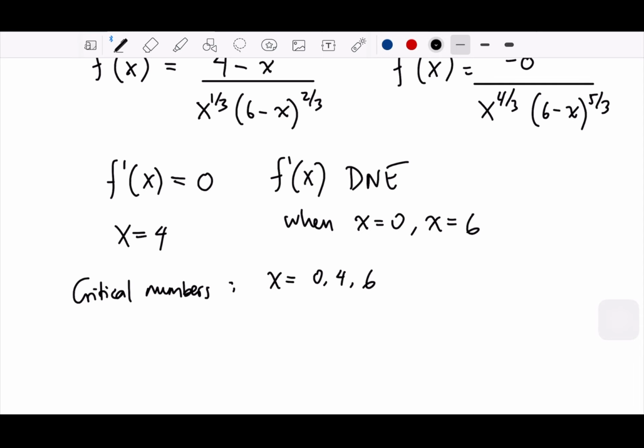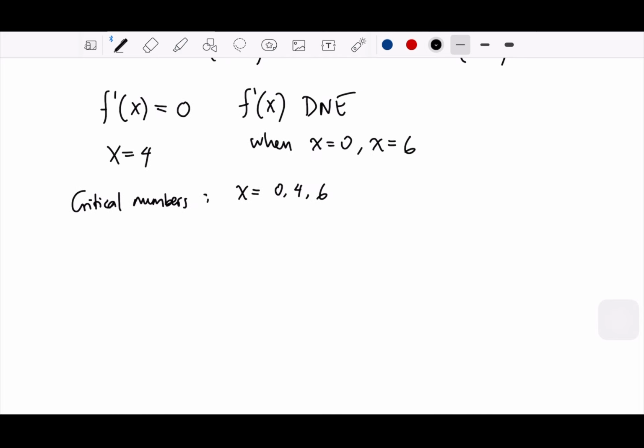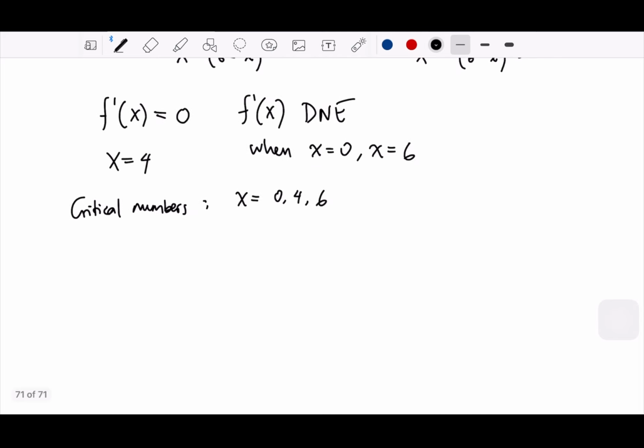So we may check the interval, 0, 4, and 6.